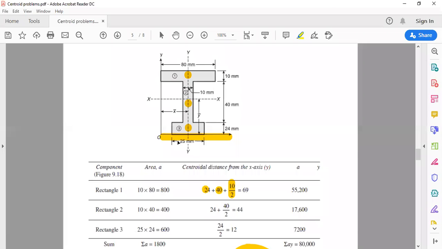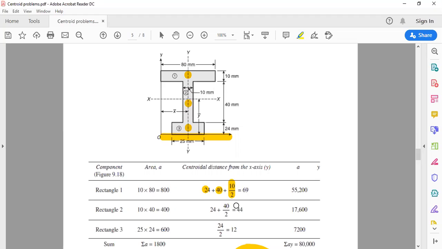From this axis, the distance of the centroid of the second diagram is 24, which will get me to the base of the second rectangle, plus half of 40. So it is 24 plus 40 divided by 2, which is nothing but 44.